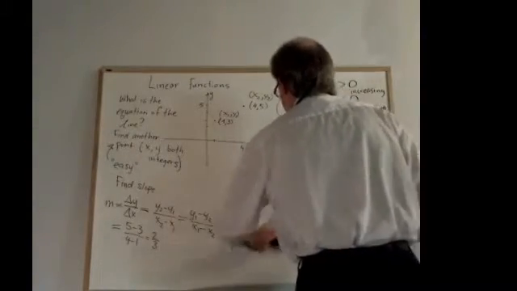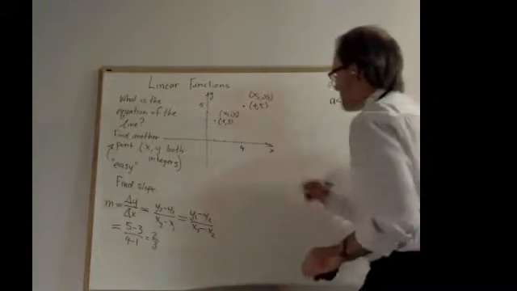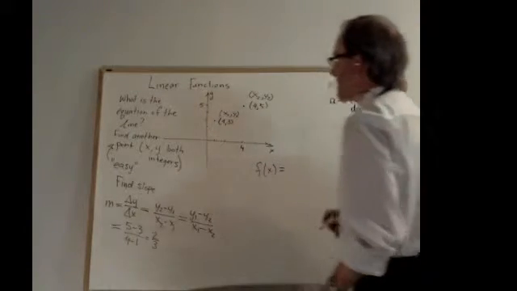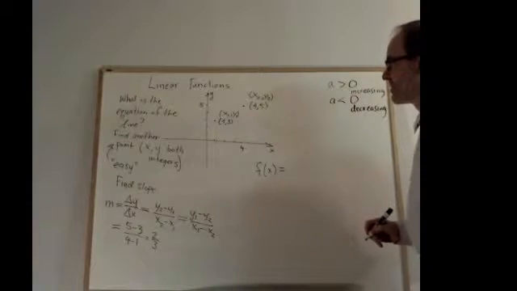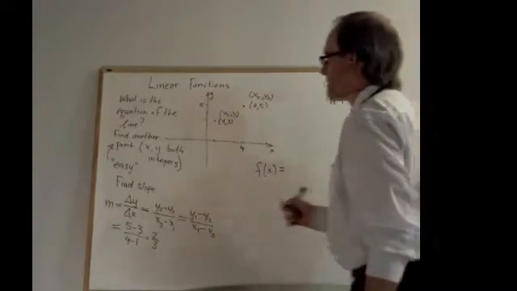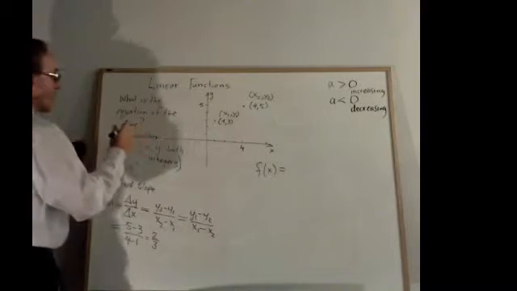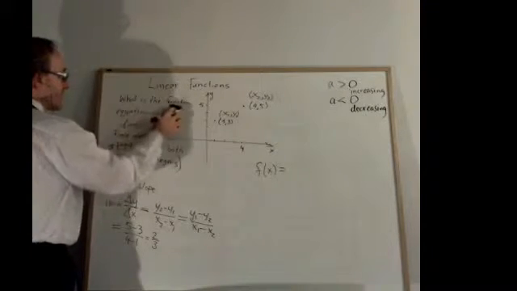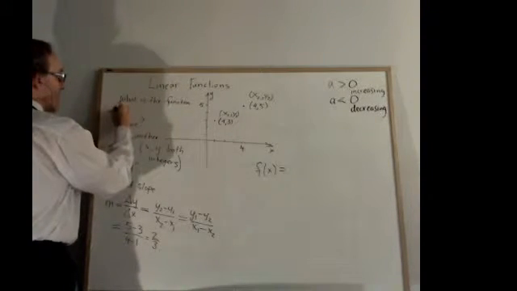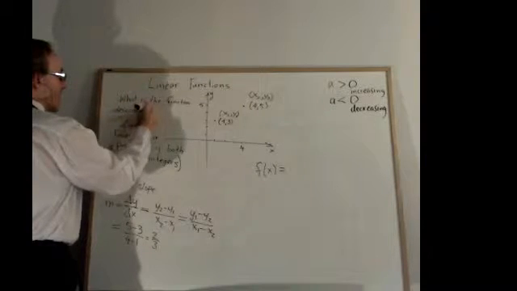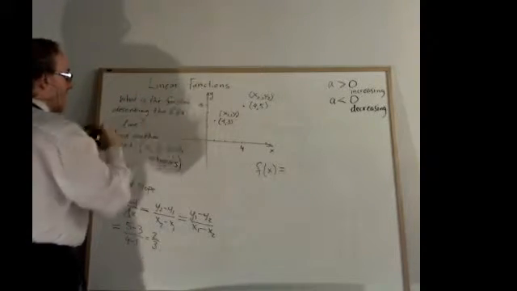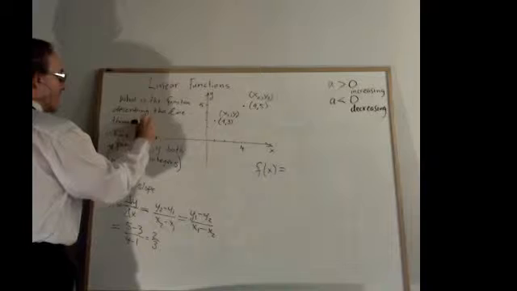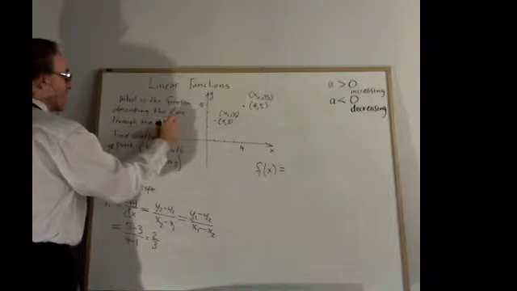Now I want to find the function that I'm using here. So another way of writing this question is, what is the function describing the line, I should say, through the 2 points given, the 2 points shown.